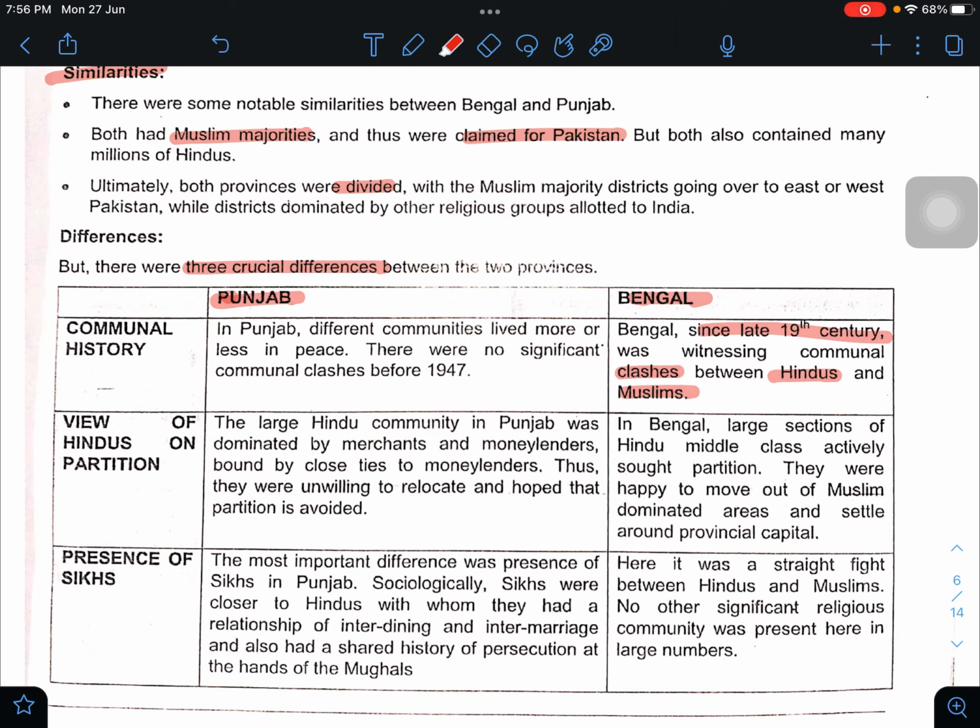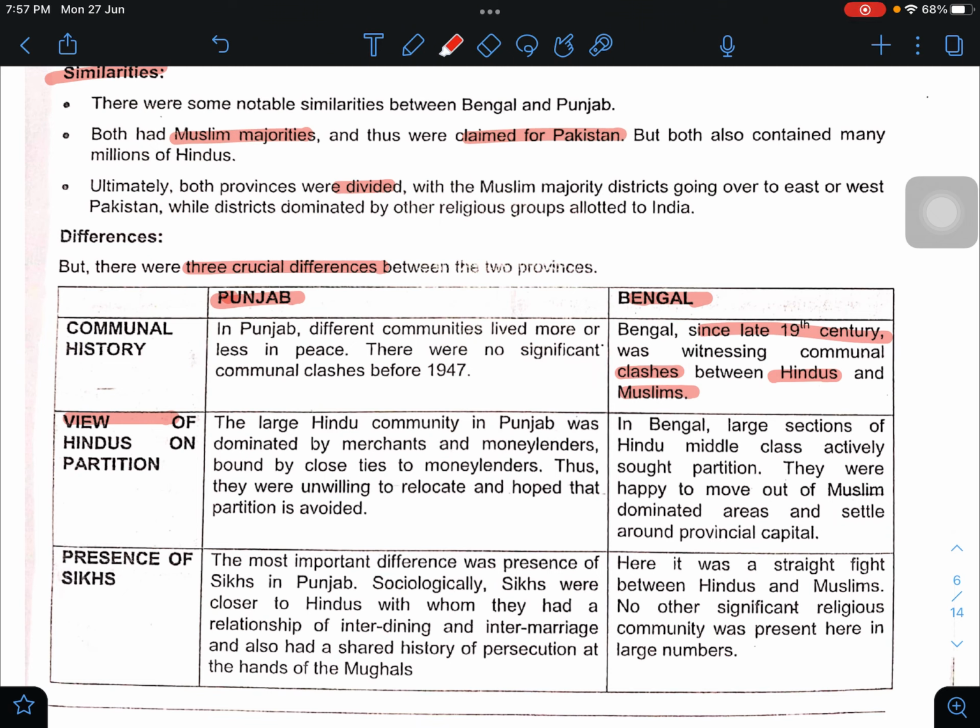Congress was founded in 1885, and since Congress was believed by the Muslims to be the party of the upper castes, there was some communal discourse. Next, view of Hindus on partition.